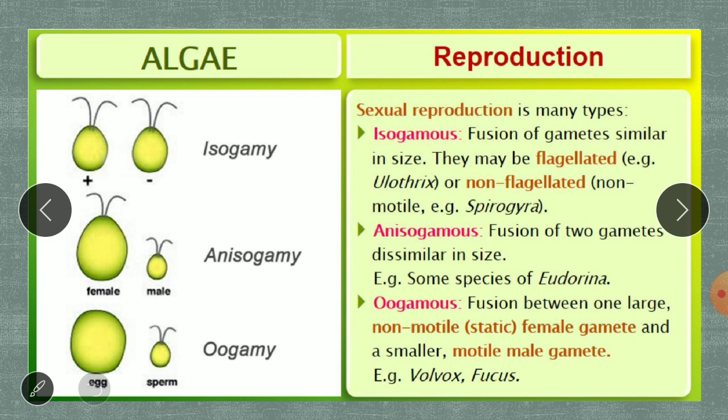The fusion of two gametes can be of three types: isogamous, same size gametes; anisogamous, dissimilar size gametes; and oogamous, where the egg cell, the female, is non-motile and larger, and the male is smaller and motile. So this is reproduction in algae.